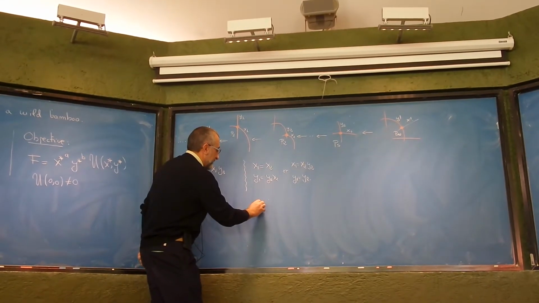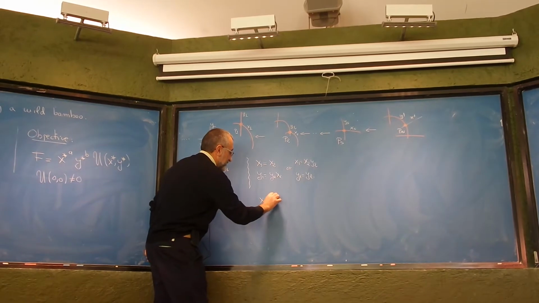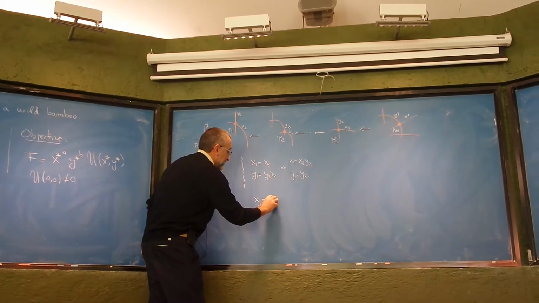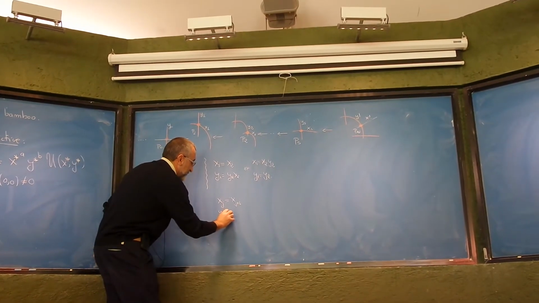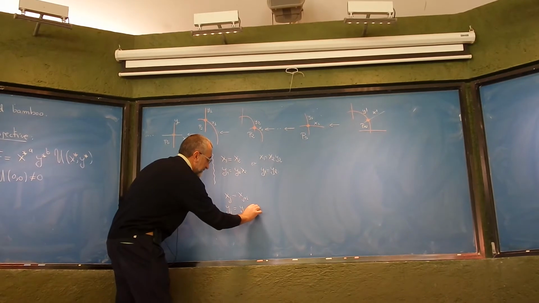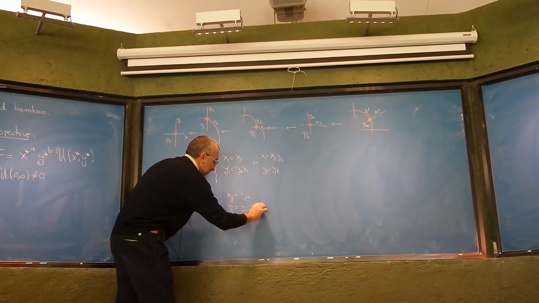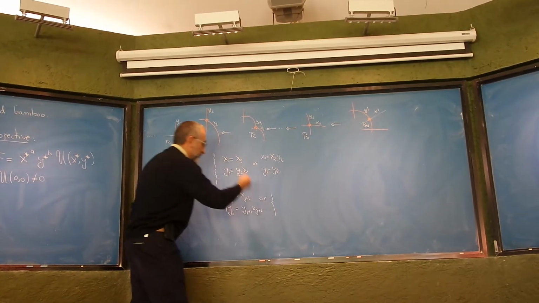So in general, xj equals xj plus 1, yj equals yj plus 1 xj plus 1, or the other possibility.